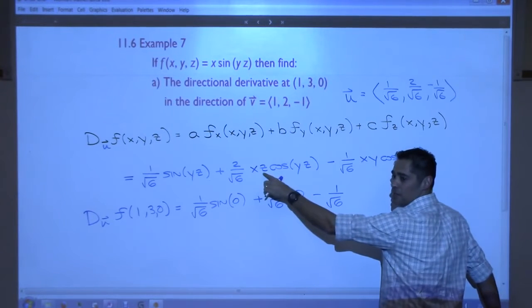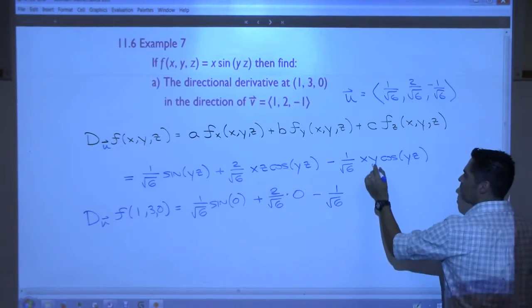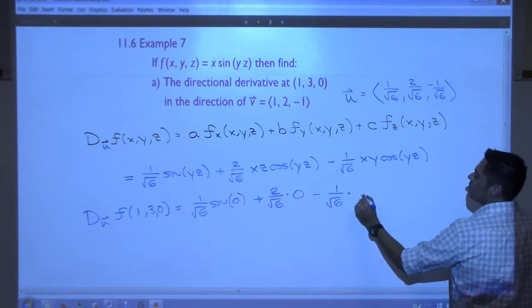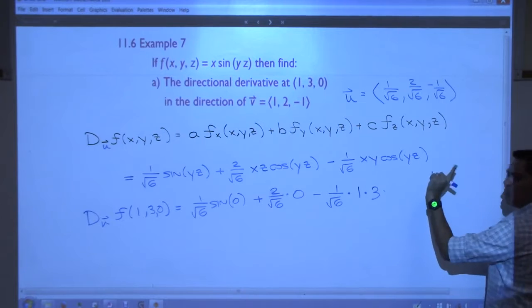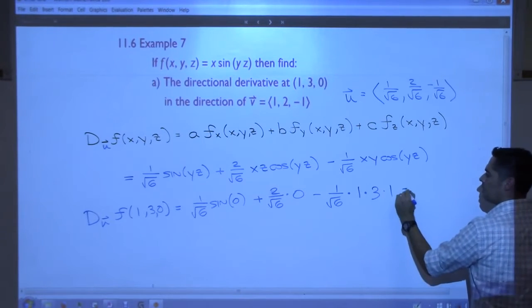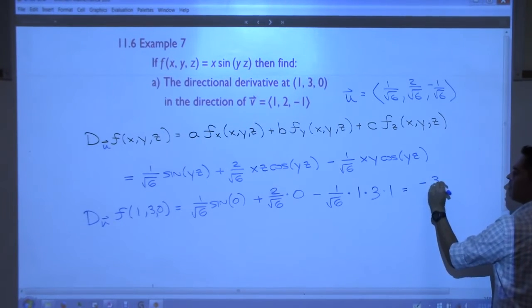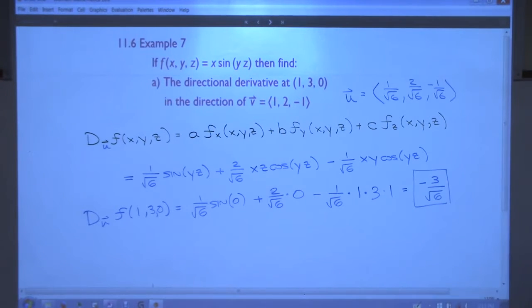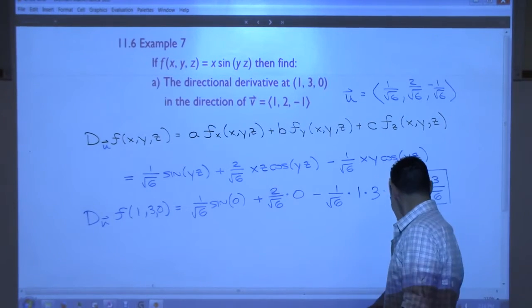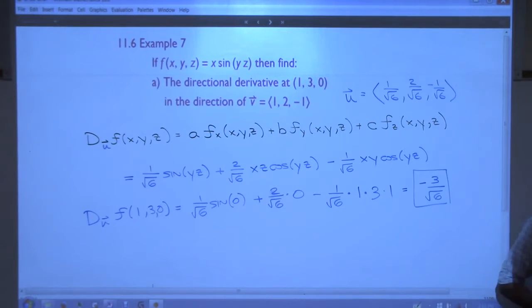This one's 0 because z is 0. This one, not so much. So 1 times y, which is 3. Cosine of 0 is 1. So this is just going to be negative 3 over root 6. Questions? No? Okay.